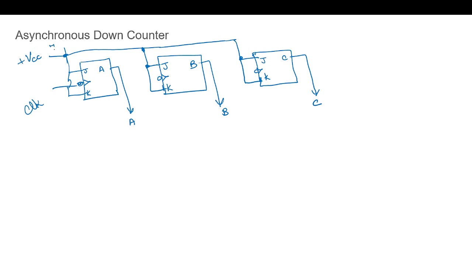It's plus ECC fast logic 1. Next, for down counting, we will now apply A complement as the clock and B complement as the clock.